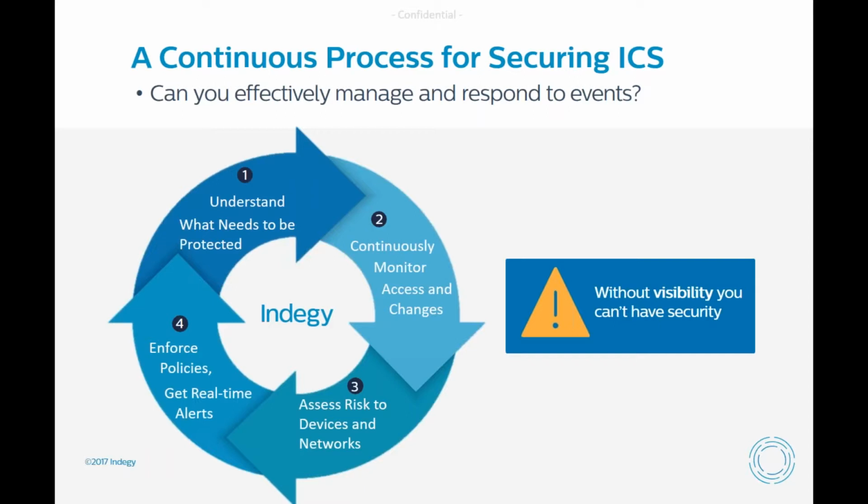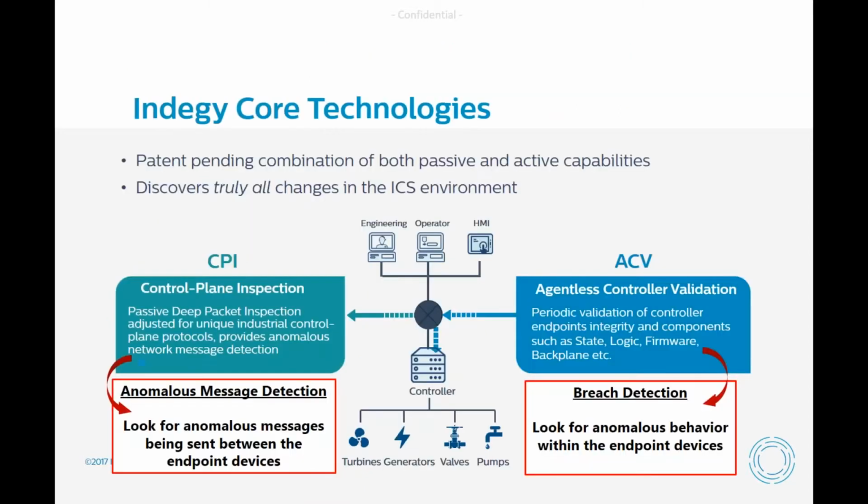The way our technology works to implement this is through two different pieces. One of them is a passive technology. Essentially, we're monitoring the network. We're just listening to the transactions, and we're using deep packet inspection deep into the transactions, and we're able to look for anomalies, not just at the high-level network communications, but also anomalies within the behavior of the people that are operating the devices.